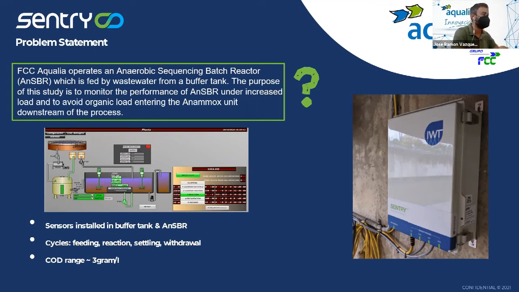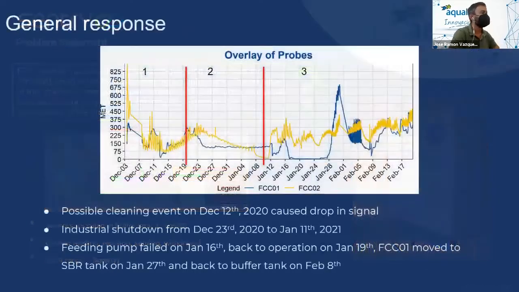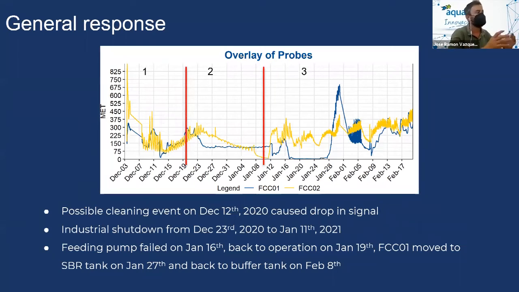So we had the chance to test the influent, and the good thing about the SENTRY probe is that we got real-time information about what was happening in the facility, because as Roberto was mentioning, sometimes even in the municipal sector, which is very stable, you get surprises and sometimes inhibitions.